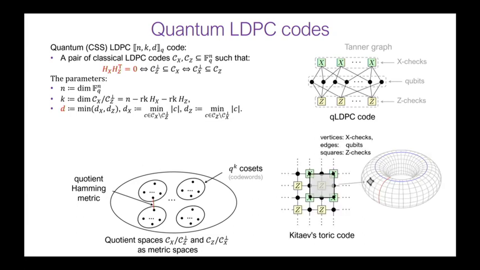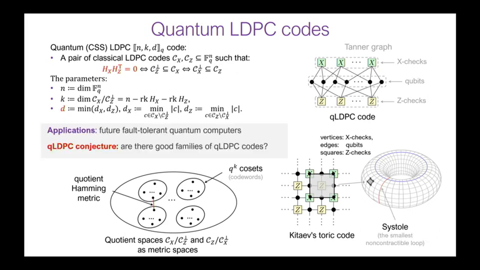A very famous example of quantum LDPC codes, which I suppose everyone at this conference knows about, is Kitaev's toric code. Why are we interested in quantum LDPC codes?